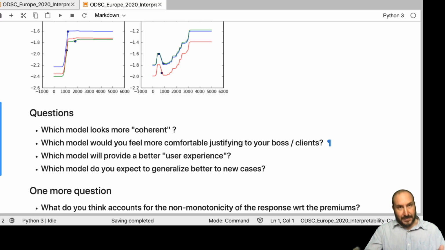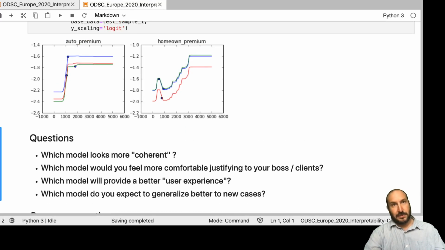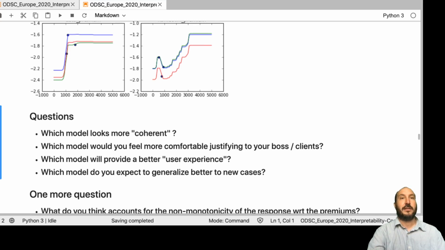But at the same time, notice that these explanations of this model, while simpler than the very jagged ones of the first model, are still sophisticated in that there are interesting relationships going on here. So models like boosting, used correctly and explored correctly, can yield interesting dynamics of the data that you can then try to explain and justify and bring your domain expertise to shed more light on.